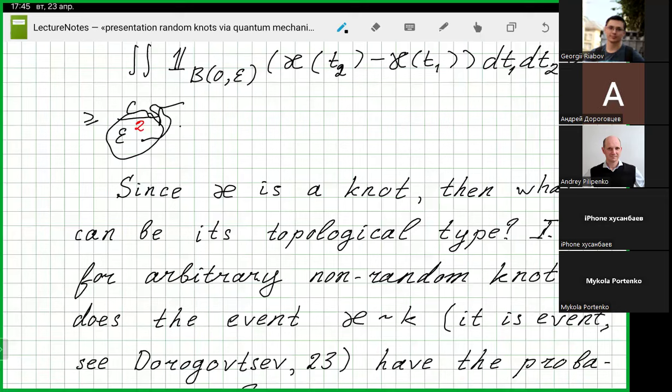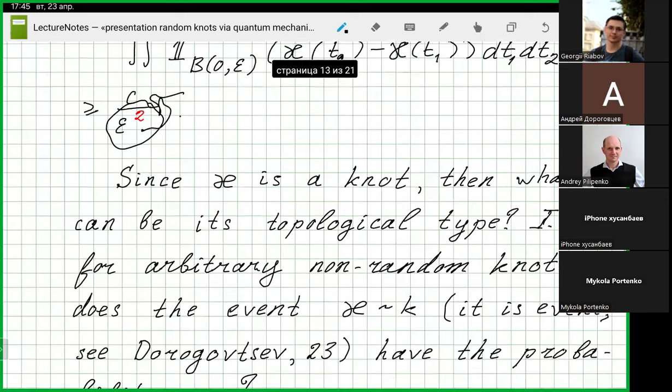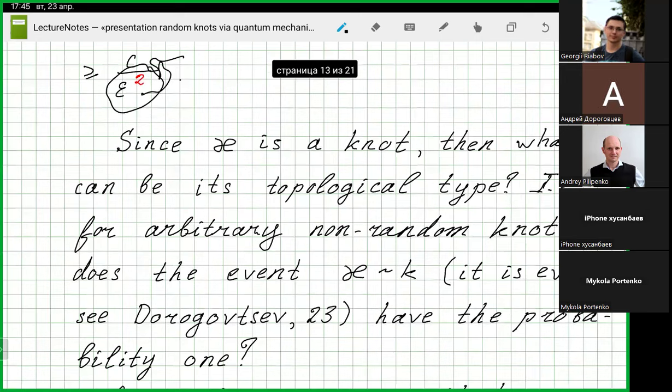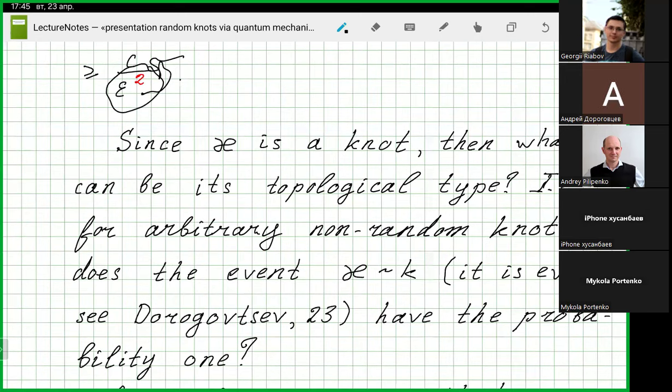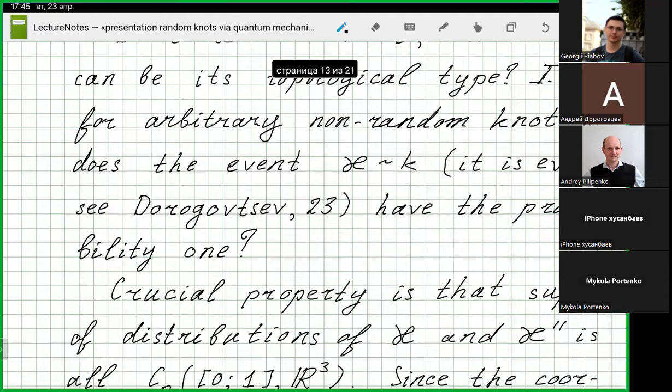So the question is, for arbitrary non-random K, does the event that gamma has the same topological type have positive probability? It was proved. The probability is not one, of course, but positive, greater than zero. Yeah, this is the question.